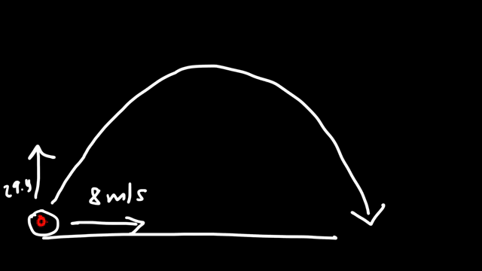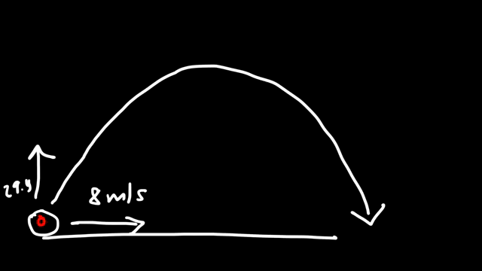But let's say that you discover initially Vx is, let's use a nice number, 8 meters per second. And Vy, we're going to say is 29.4 meters per second. So that's at a time value of 0.